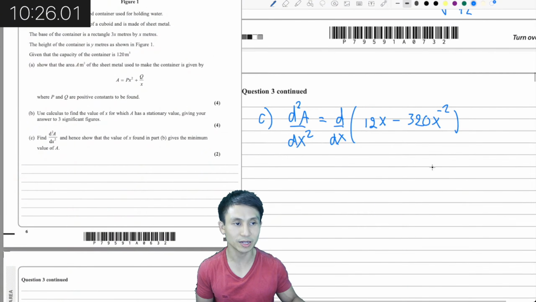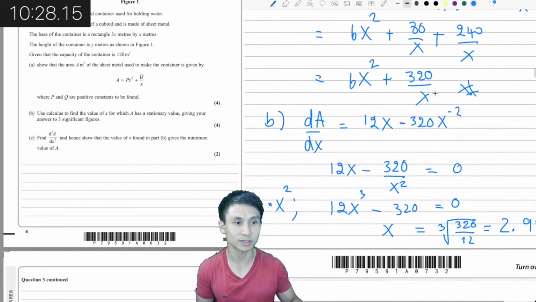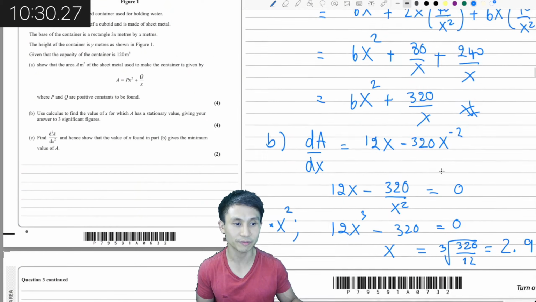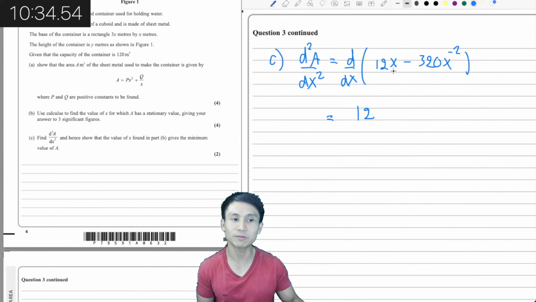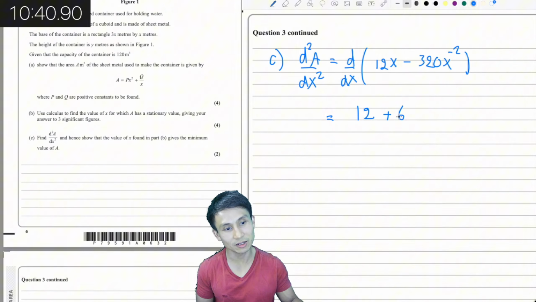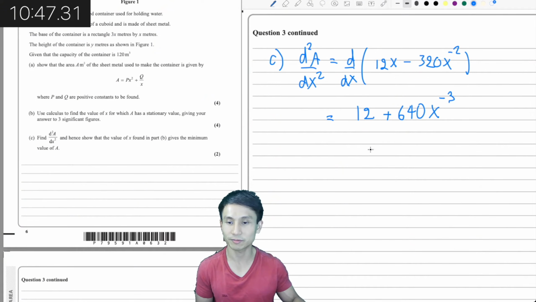We're differentiating this again to get the second derivative because that was the first derivative. So we get 12 alone because x goes away, and bringing minus 2 down, we get a plus here, and that becomes 640 x to the power minus 3. And hence show that the value of x found in part B gives the minimum.